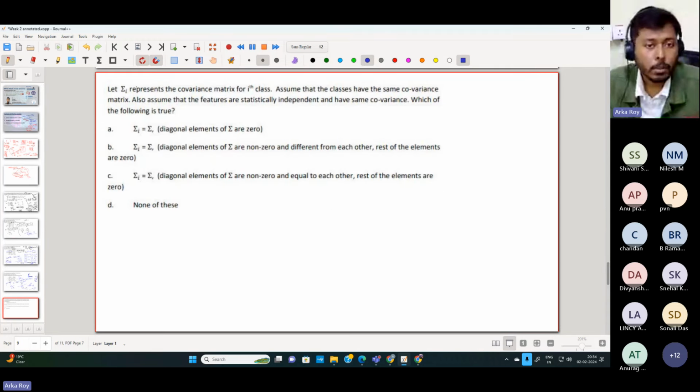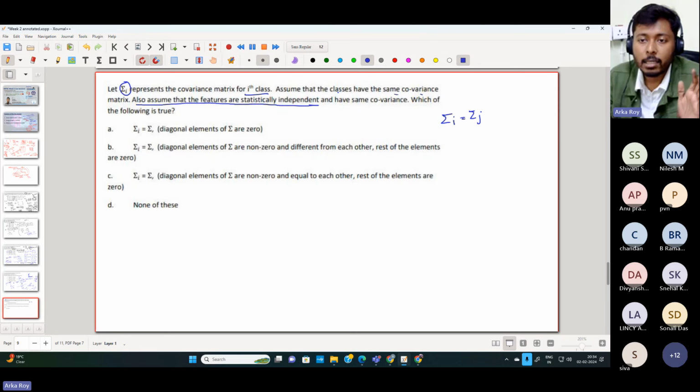So in the next question, sigma I represents the covariance matrix of the ith class. Assume that classes have the same covariance, that means sigma I is equal to sigma j. Also assume that features are statistically independent. Whenever you find statistically independent, your first thought should be that off-diagonal elements are 0.